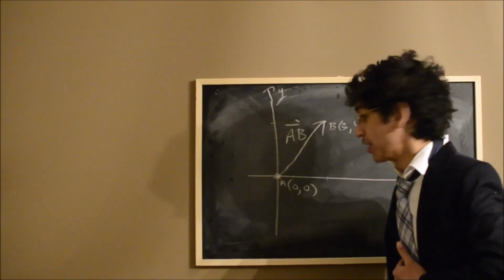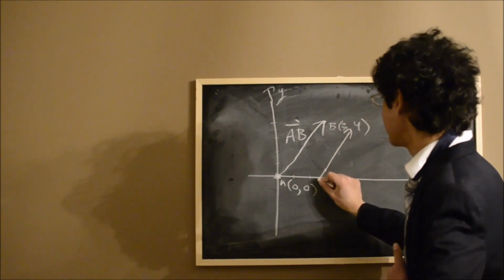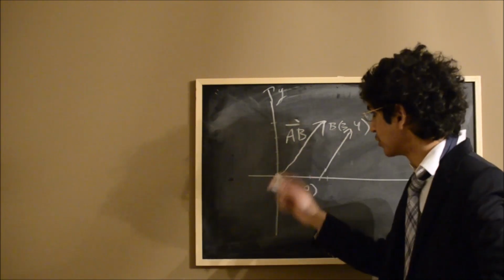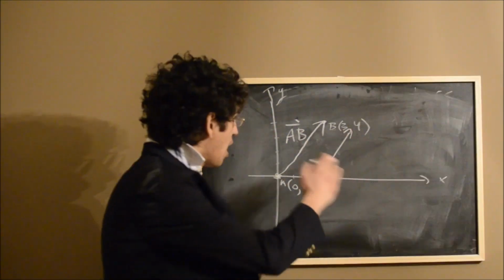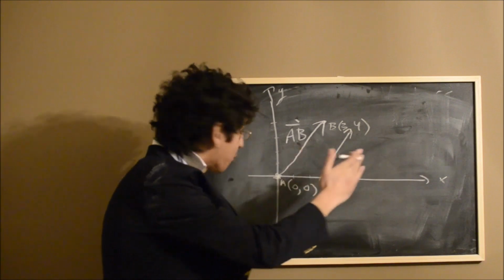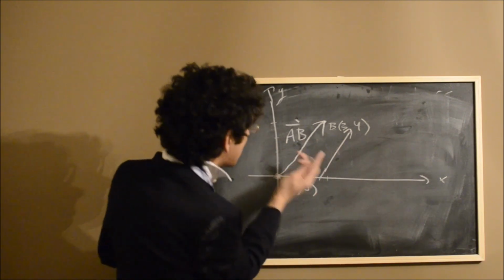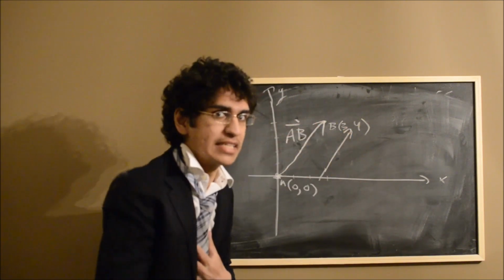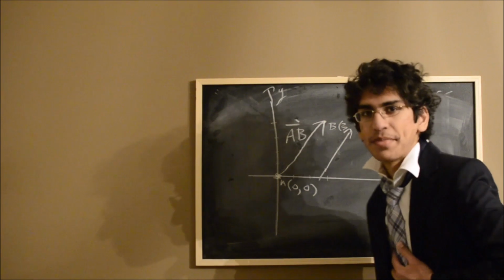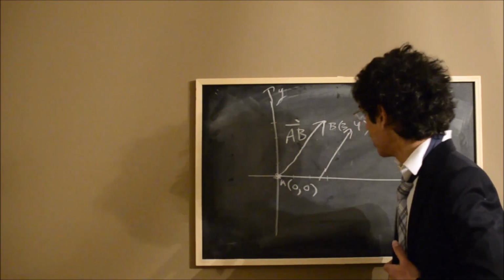I could draw another vector here with the same magnitude and direction, and the vector notation for both of these would be exactly the same. These vectors, for all practical purposes, are the same, given that they have the same direction and the same magnitudes, the same lengths.